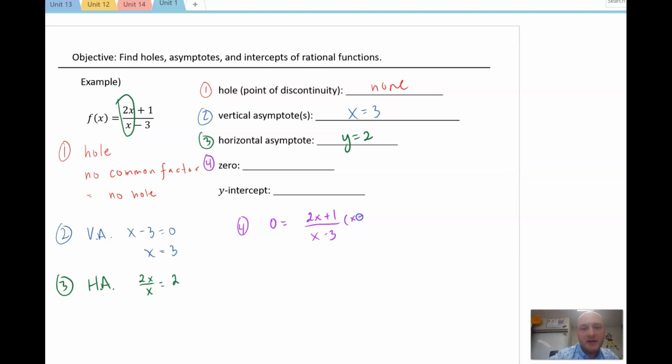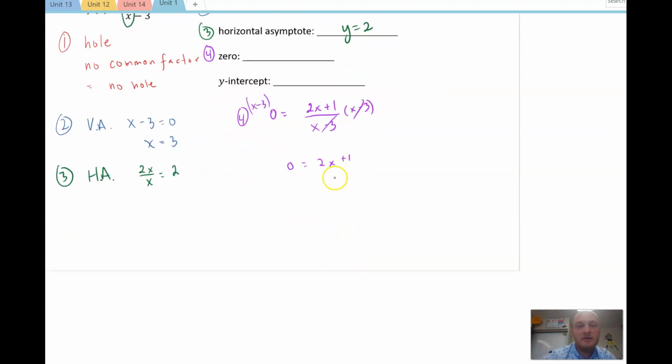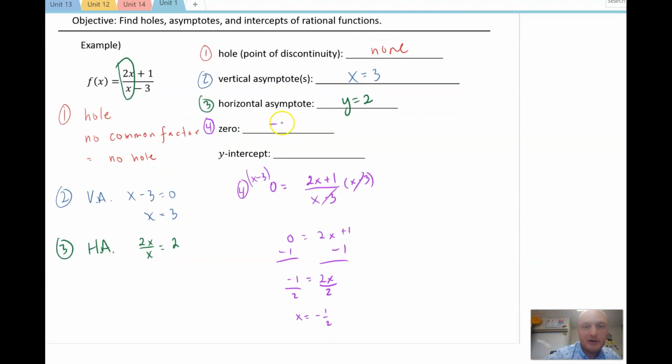Remember, I multiply both sides by x - 3, so essentially the denominator goes away. I have 0 is equal to 2x + 1, and I just solve. I subtract 1 on each side. We get negative 1 is equal to 2x. Divide by 2 on both sides. x is equal to negative 1/2. So that's the zero at negative 1/2.